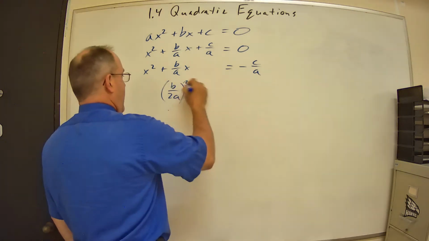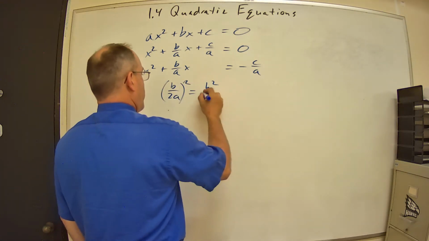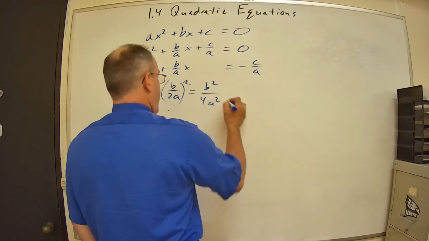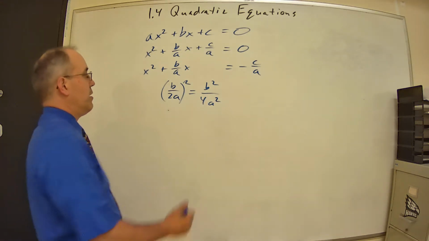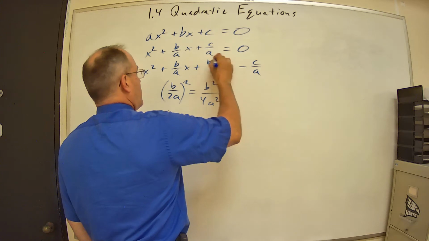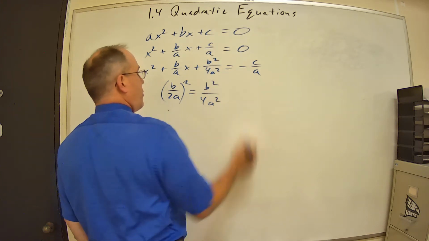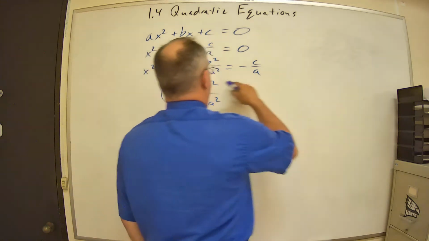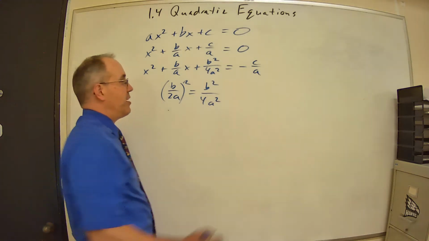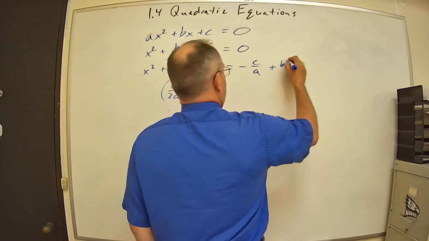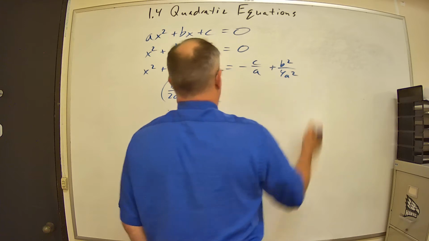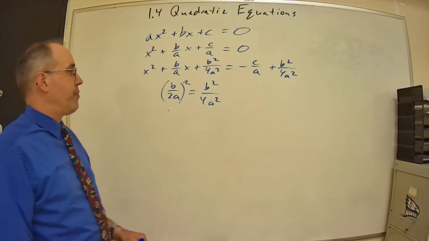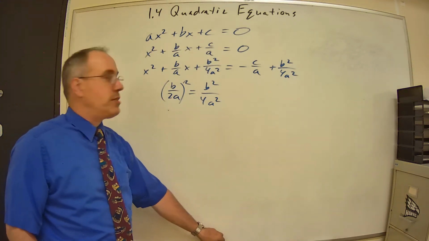If we square that, we have b squared over 4a squared. So plus b squared over 4a squared. If we add it to this side, then we have to add it to the other side. Plus b squared over 4a squared. Okay, so we're to that point.